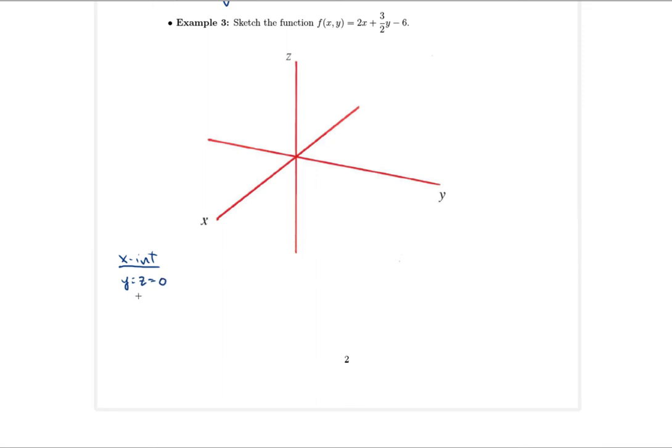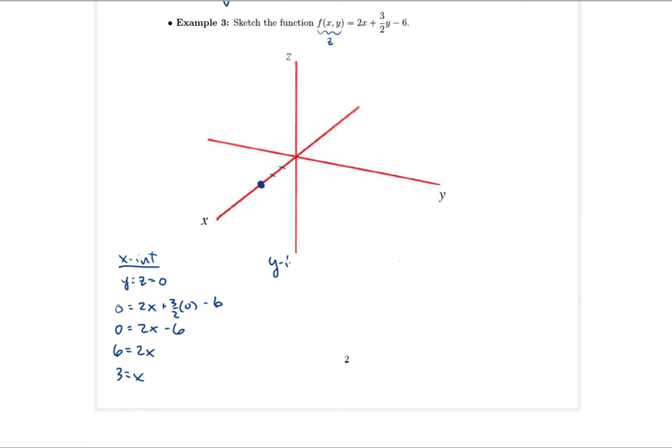And just don't forget, this is your z. So that means we have 0 equals 2x plus 3/2 times 0 minus 6. So 0 equals 2x minus 6. So x is equal to 3. So I'm going to come over here, 1, 2, 3. Put a dot right there.